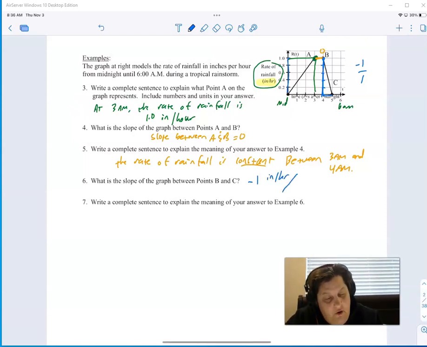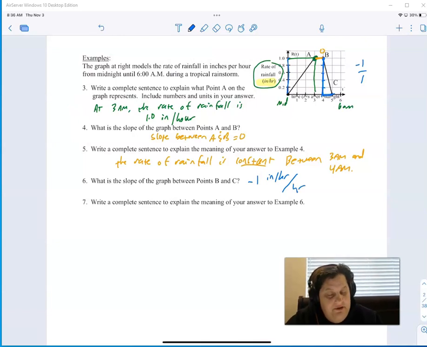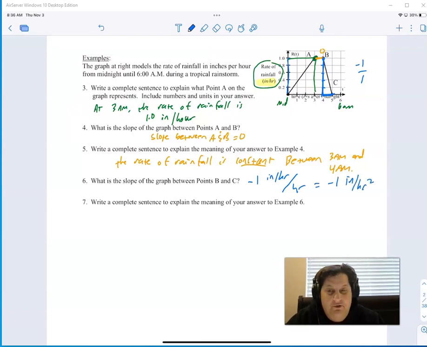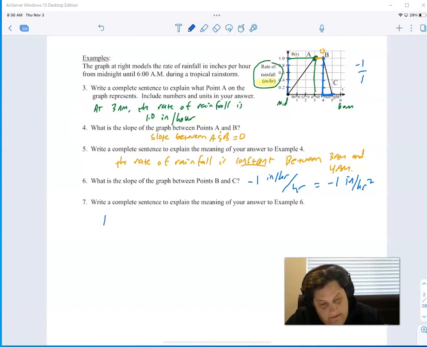It's inches per hour over hours, so it's actually inches per hour squared, which is a rate of a rate. It's a little bit difficult to write, but here's how I would write it.